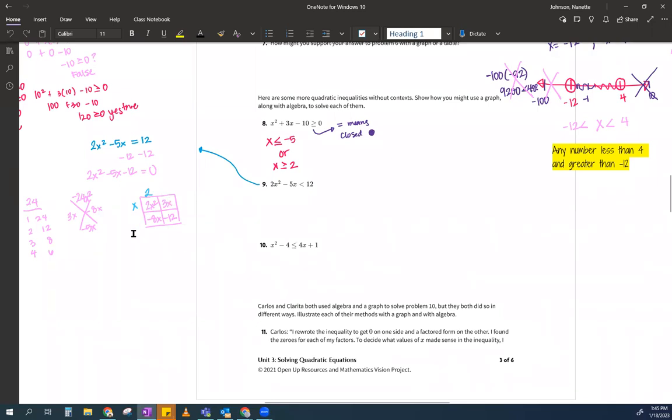And then I say 2 times what gives me negative 8x? Negative 4. And oh, it's not catching up to me. Hold on. There it goes. So negative 4 times positive 3 is really negative 12. So then my answers are 2x plus 3, x minus 4 equals 0.